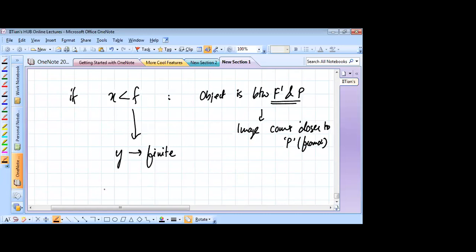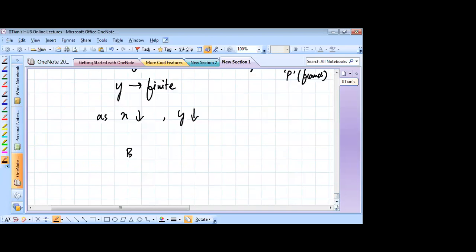As x is decreased, y also decreases, but y should not be less than capital D, because capital D is the near point of the eye.